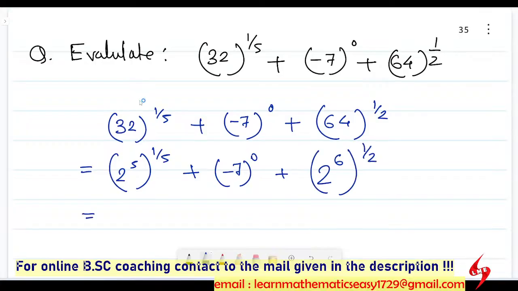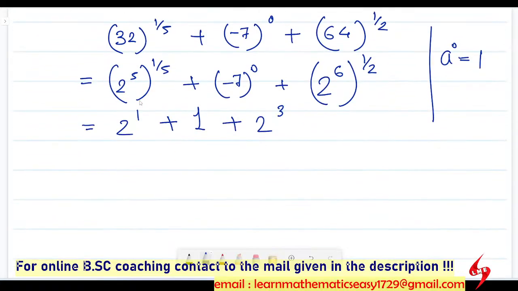Now the multiplication of these powers, I am getting back to the power 1. Something to the power 0 means 1, we all know, because 8 to the power 0 is always 1. And here I am multiplying 2 with 6 and 1/2, that is with 3. So 2 plus 1 plus 2 to the power 3 means 8. So the number will be 11.